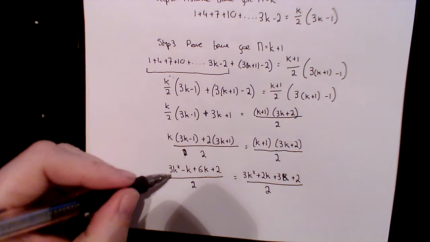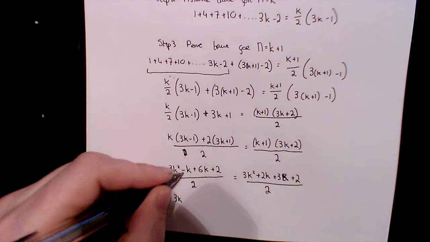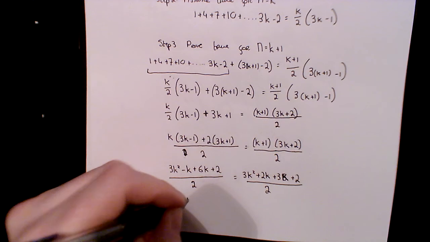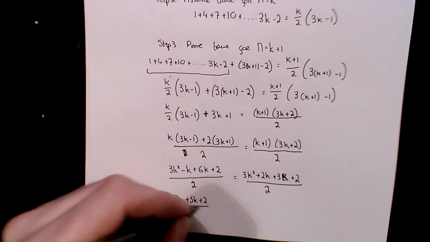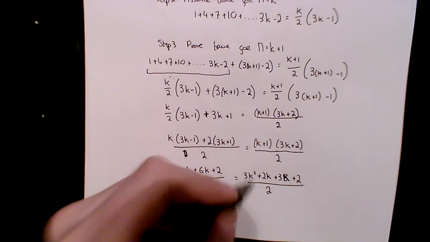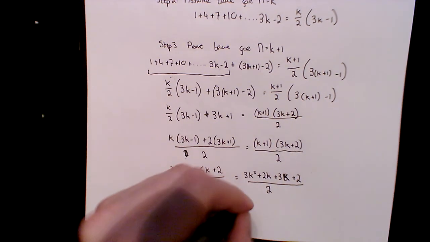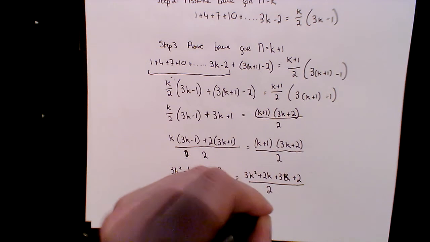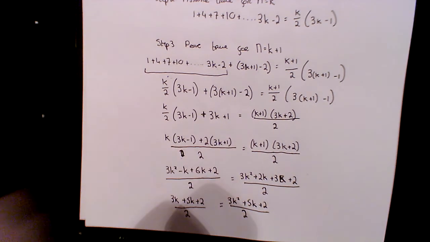Right, nearly there. Just to tidy it up then, we have our 3k squared, minus k plus 6k is plus 5k plus 2 all over 2 equals, and then 3k squared again, 2k plus 3k is plus 5k plus 2 all over 2.